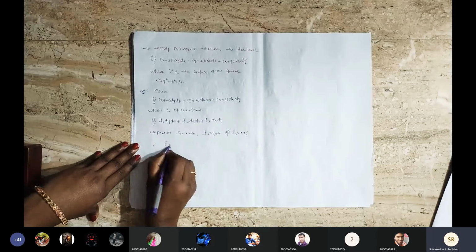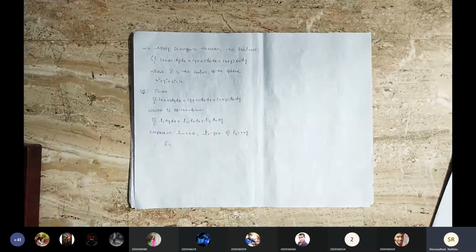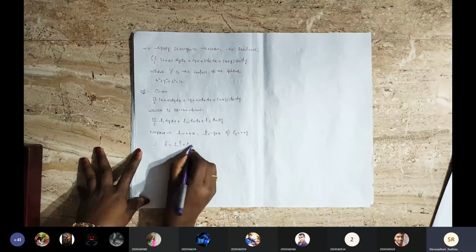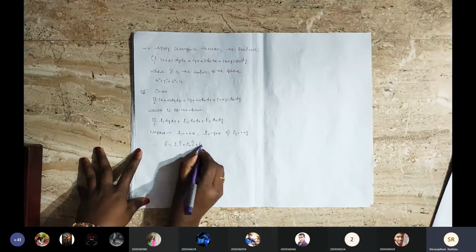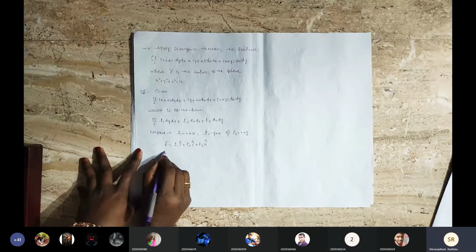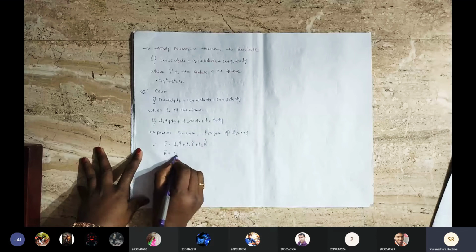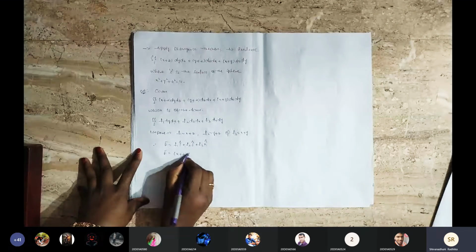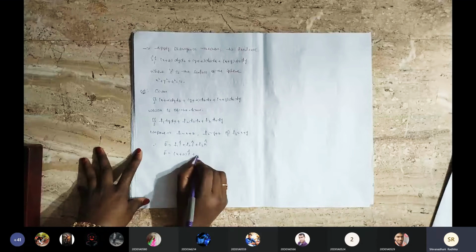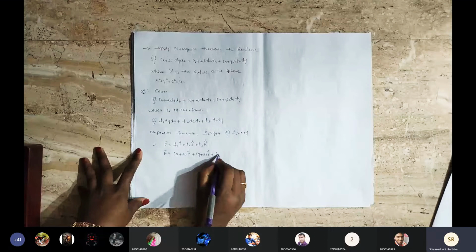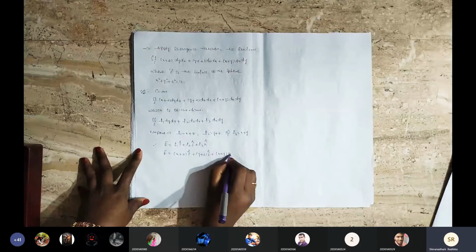Therefore, F bar is the vector point function. What is the vector point function? F bar equals F1 i cap plus F2 j cap plus F3 k cap. Substituting F1, F2, F3 respectively, F bar equals (x plus z) i cap plus (y plus z) j cap plus (x plus y) k cap.